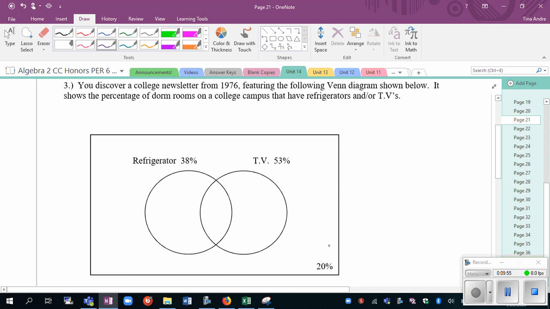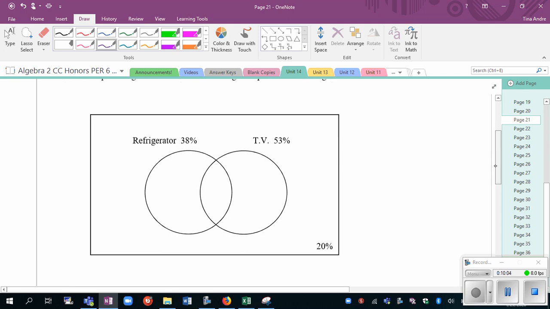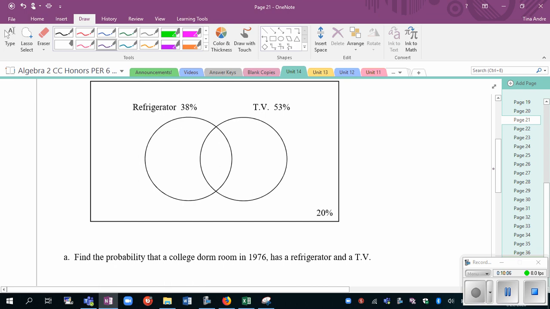The 20% down here represents the region outside of the circles. Remember, everything has to add up to 100%. So since this is 20%, that really means there's 80% inside of these circles.